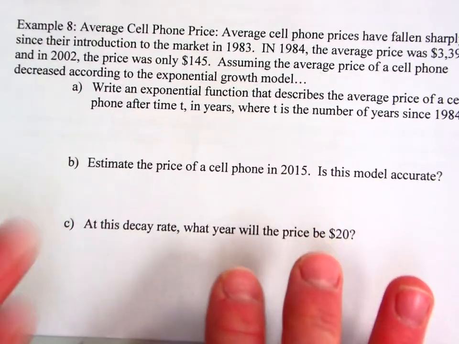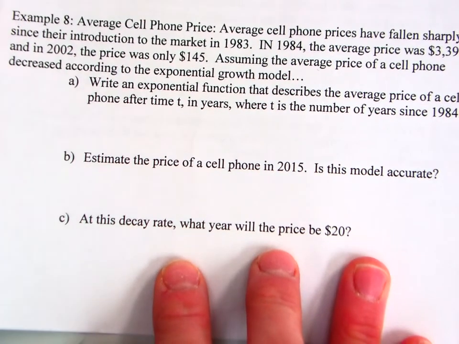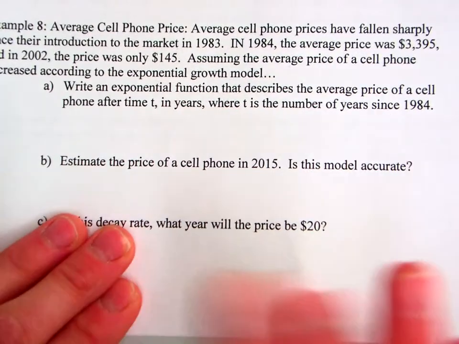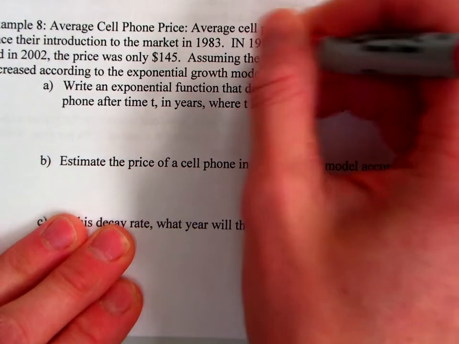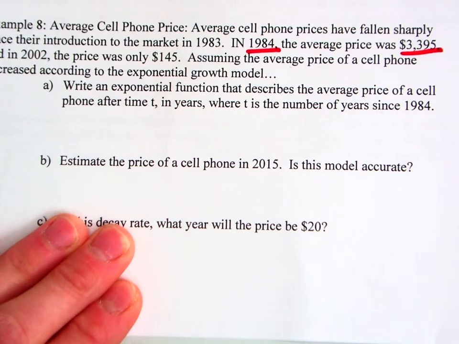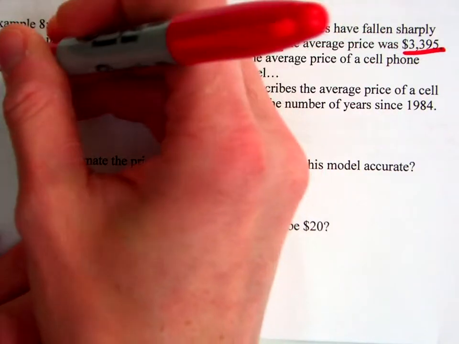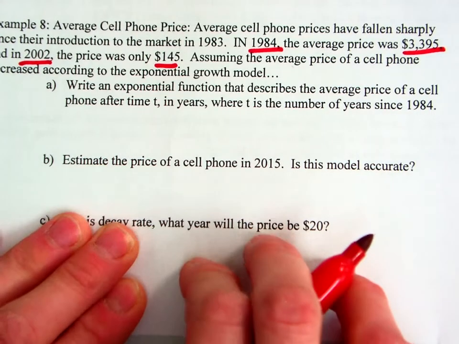The average cell phone price was $3,395 in 1984, and in 2002, the average price was $145.